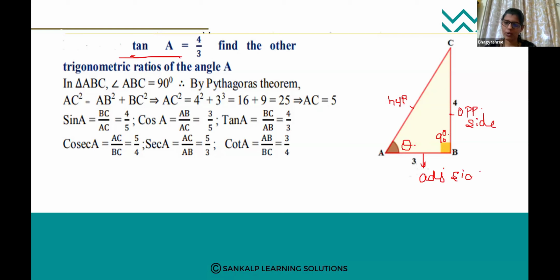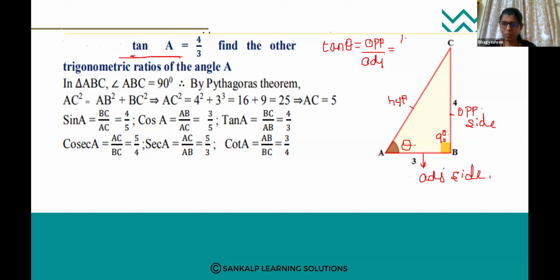Adjacent side. Now, what have they given? Tan A. Tan A means what? Tan theta is equal to opposite side divided by adjacent side. It is the ratio of opposite side divided by adjacent side. So which one is opposite side? BC is opposite side, adjacent side is AB.